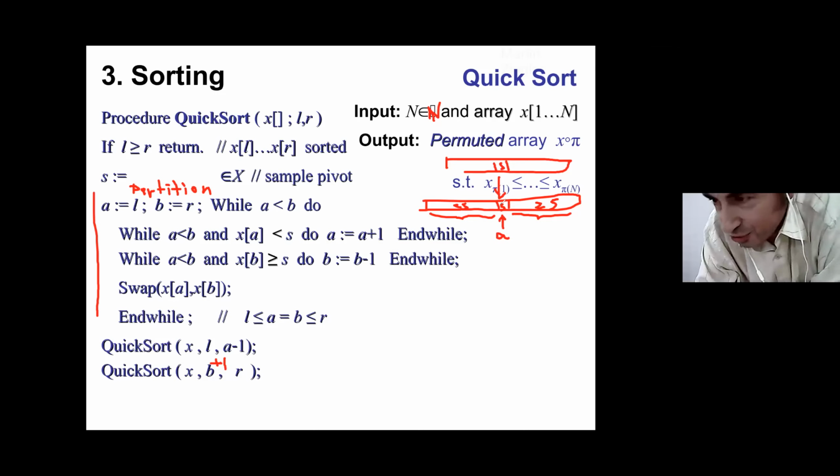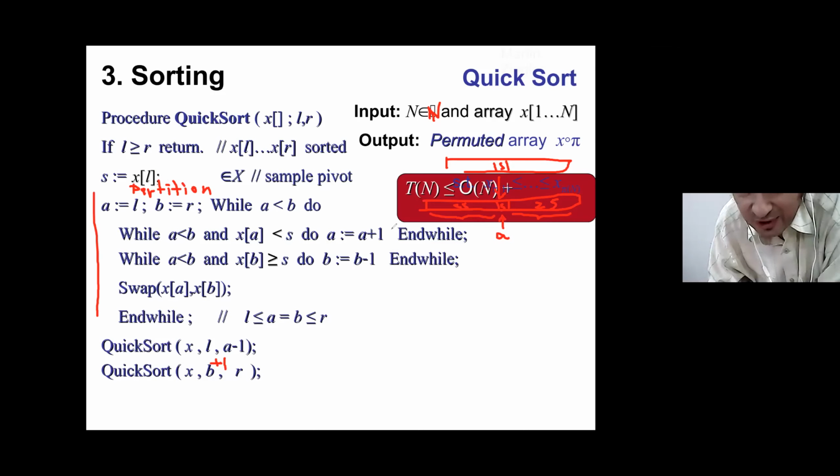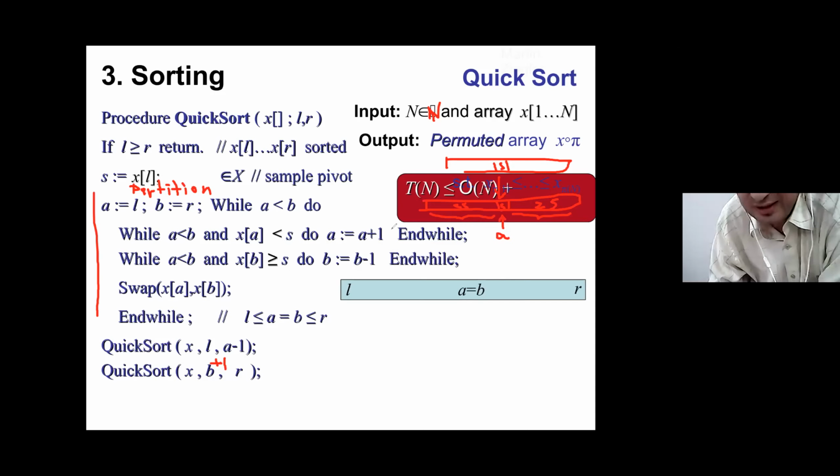I should emphasize that there is no guarantee that S remains at the same place. During this process, S itself is moved somewhere in the array, so the position of S doesn't remain the same. Now, the question is, what is S? We were discussing this issue several times. S can be any element in the array.